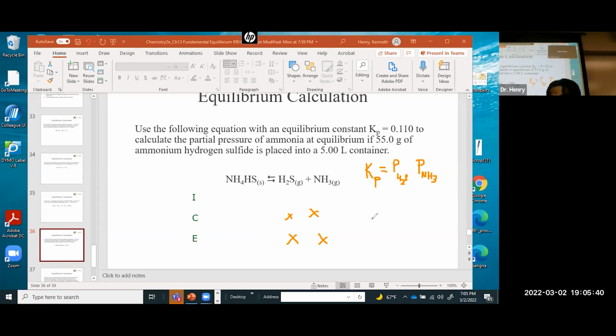So Kp is going to equal X squared, 0.110 equal to X squared. So the partial pressure of each one is just the square root of that.